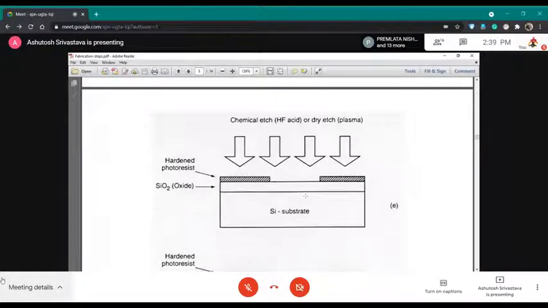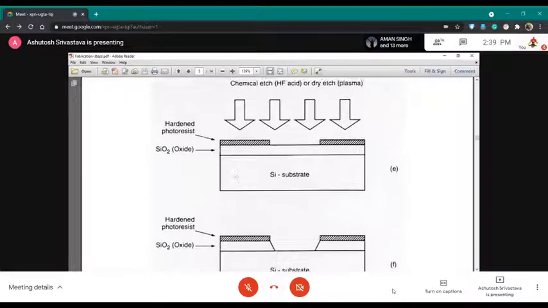That is basically called dry etching. So you are either having a chemical etching or the dry etching of the photoresist which is exposed.